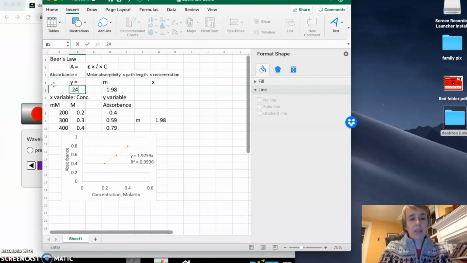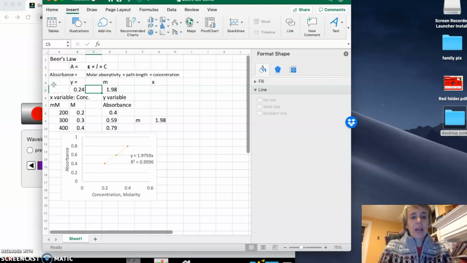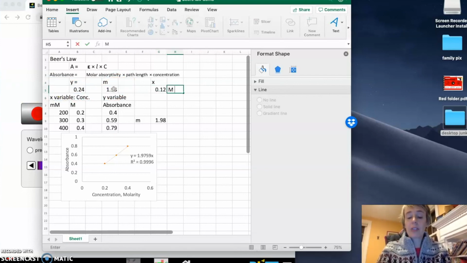We'll put in some not-so-even numbers. I really just have to solve for x now, and that's my concentration. So to isolate x, I'm just going to take my absorbance and divide it by my molar absorptivity. And that would give me the molarity of that unknown solution.